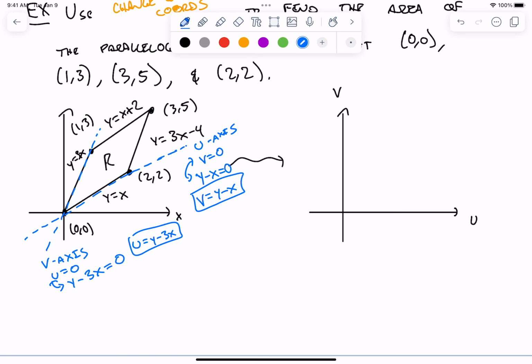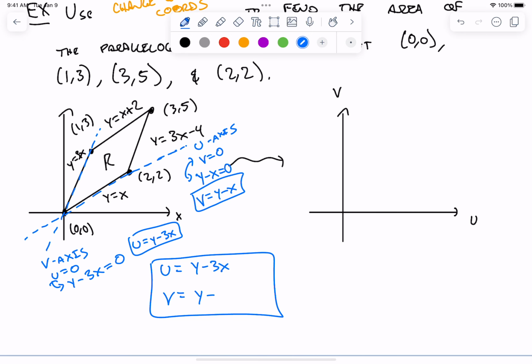Because you could plug in these points now to get u and v points, like (0,0). So look at this change of coordinates. Take this and put x equals 0, y equals 0 into it.